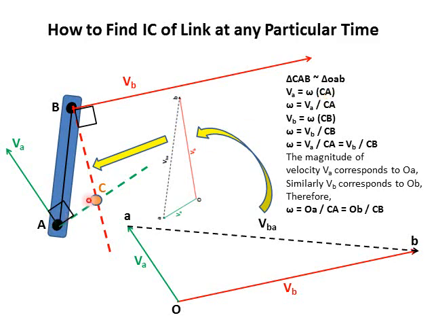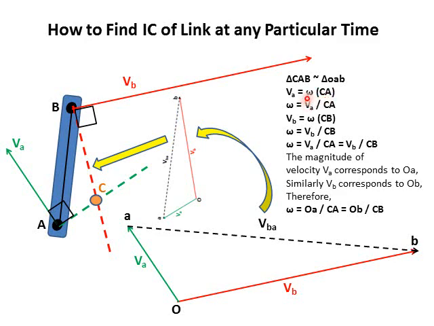So CA into the angular velocity, the rotation of this link. So VA is equal to omega, the angular velocity, into the distance CA.